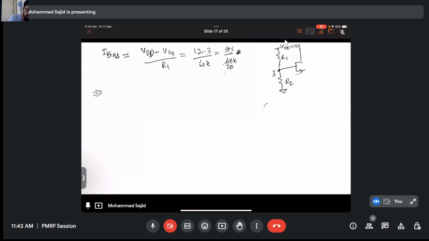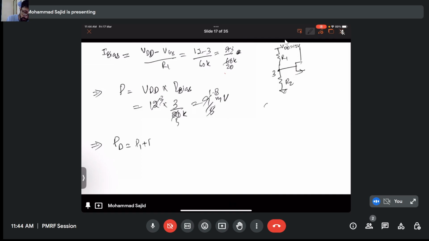So my power will be equal to VDD times I bias. That is 12 into that current, which is 1.8 milliwatts. So the total power dissipation will be equal to P1 plus P2.